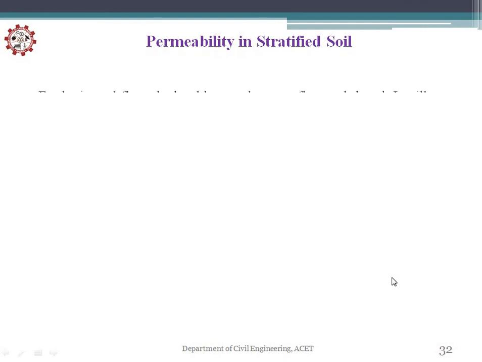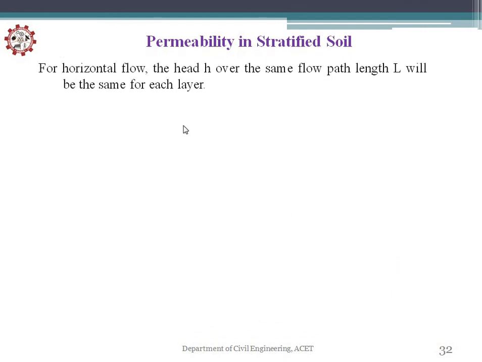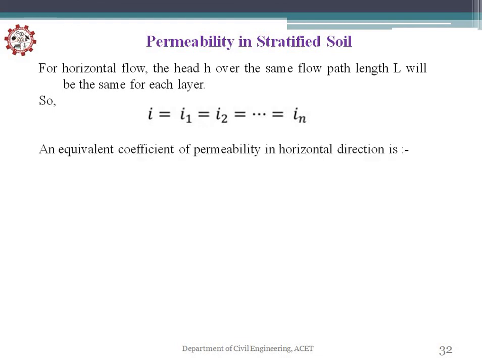For horizontal flow, the head H over the same flow path L will be the same for each layer, so i will be equal to this. An equivalent coefficient of permeability in the horizontal direction is therefore given by KH equals 1 upon H times (K1 H1 up to KN HN).